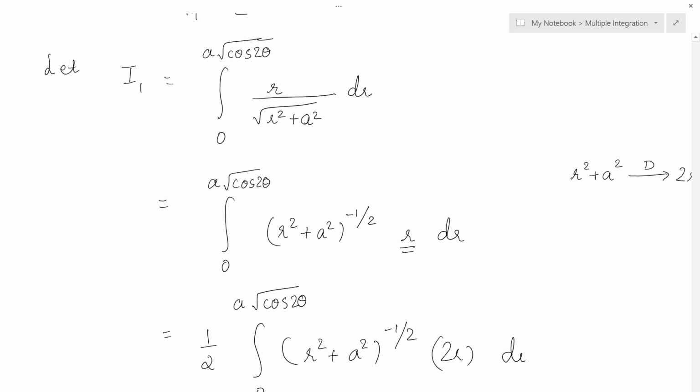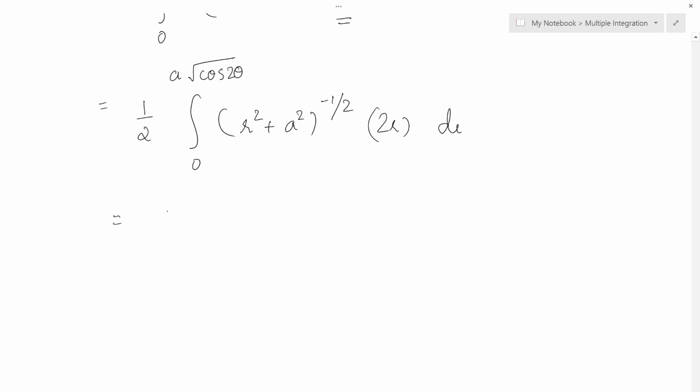Now the integration becomes easier. So this will be 1 by 2, and 2 you can take outside, so 2 and 2 will get cancelled. That is r square plus a square raised to 1 by 2, n plus 1 upon n plus 1. Anyway, this 1 by 2 is going to get cancelled.